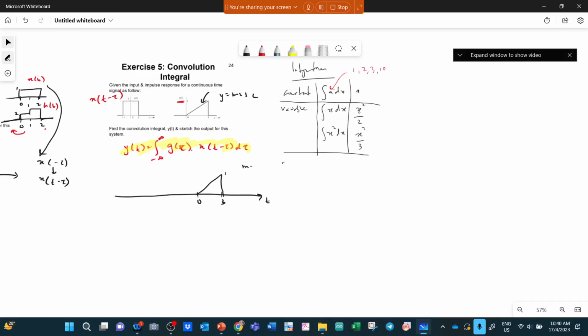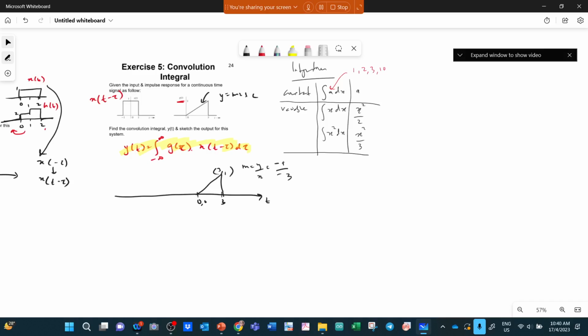Apa dia punya equation? M dia apa? Y per x kan? Y dia apa? Tiga. Minus 1 divide by minus, this one coordinate is 3, 1.